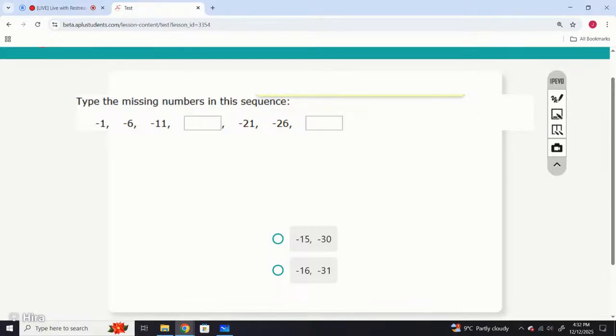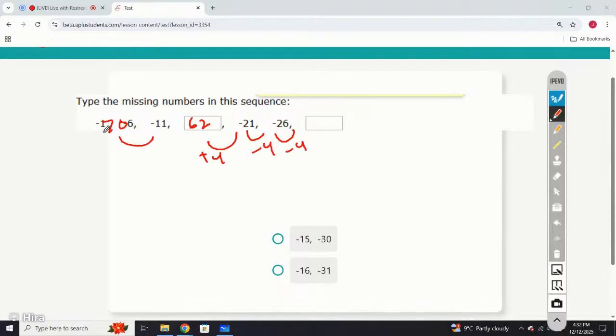Type the missing numbers in the sequence. Negative 1 plus negative 5 is negative 6, then negative 5 makes negative 11, then negative 11 and negative 5 makes negative 16, and negative 26 and negative 5 makes negative 31.